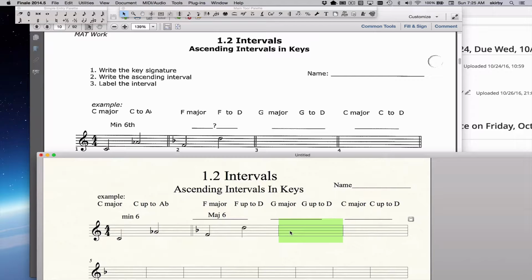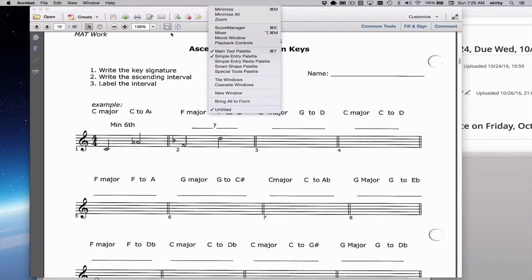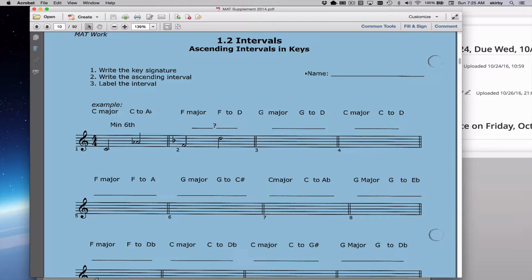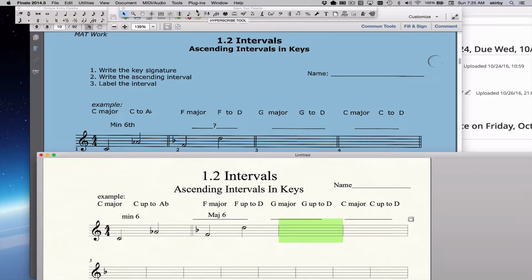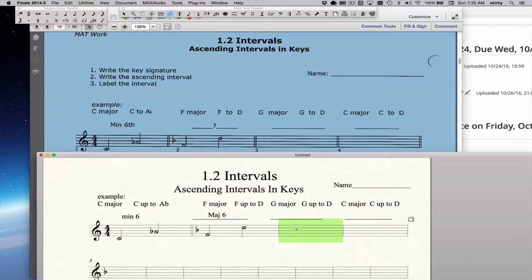And now I will remind you how to do key signatures in Finale, since I happen to be using Finale right now. I've selected this measure. I go up to my main tool palette, which is available here. I go to the key signature tool, which looks like that. I then double click on that measure.